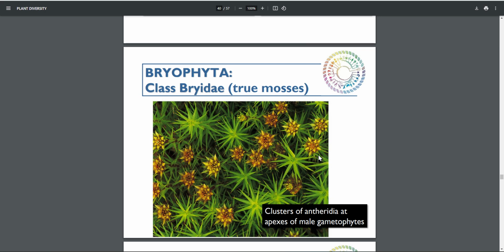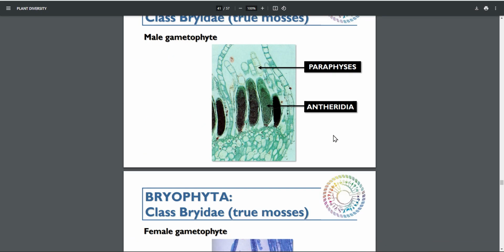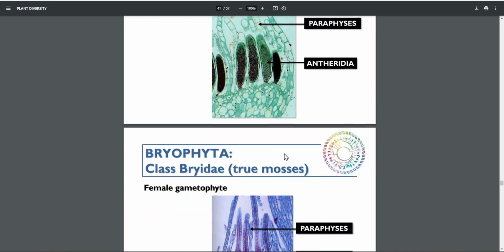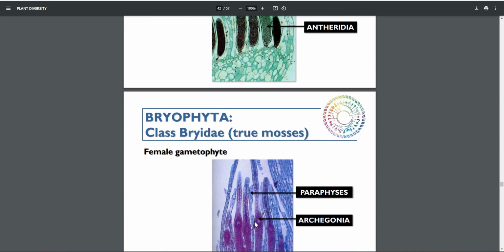So, similar to liverworts and hornworts, they also need water to disperse the sperm. When rainwater hits one of these, the sperm would hopefully be carried by the water and splashed out, and then land on a different moss, a different individual. And hopefully, if that individual is a female gametophyte, the sperm would swim to the archegonia and fuse with the egg.